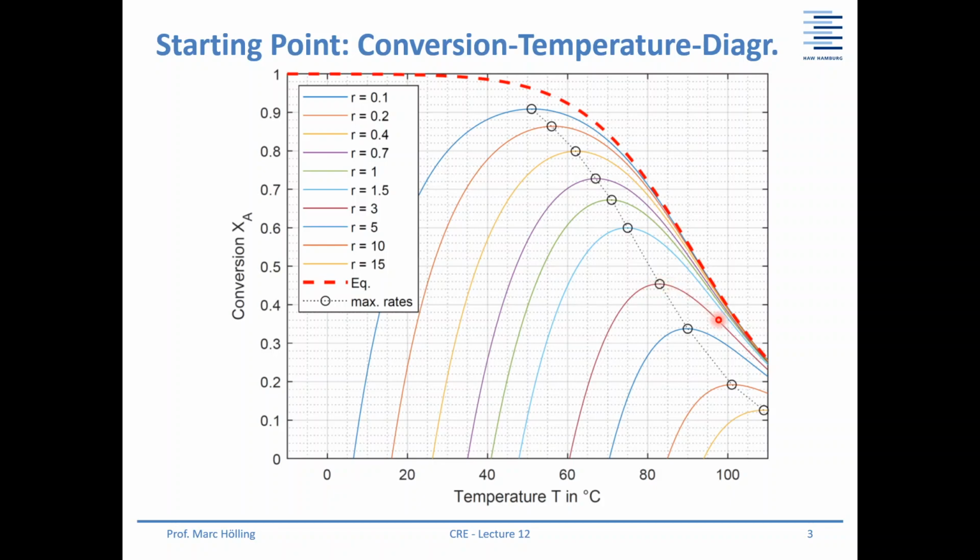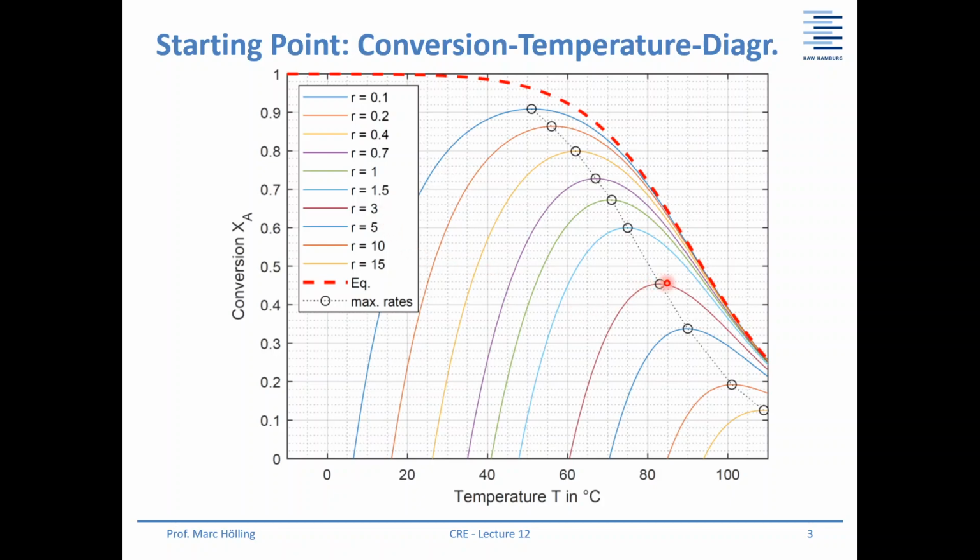And then if you go close to the equilibrium, then it will go down again. And if you try to find the highest reaction rate that you can get for a certain value of your conversion, let's say a conversion of 45%, then the highest reaction rate you can have is the value of 3.